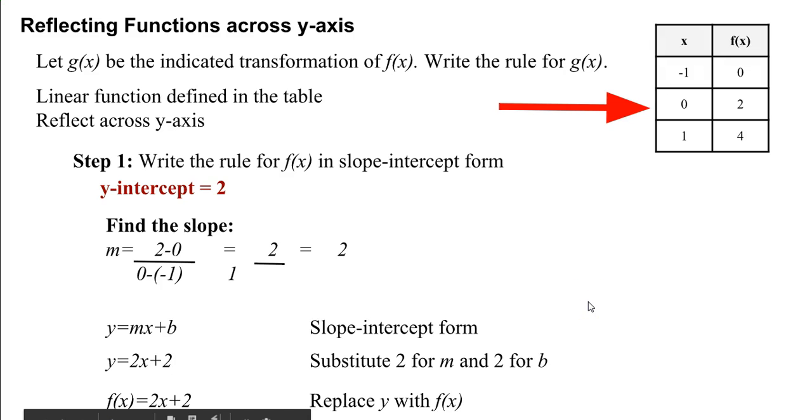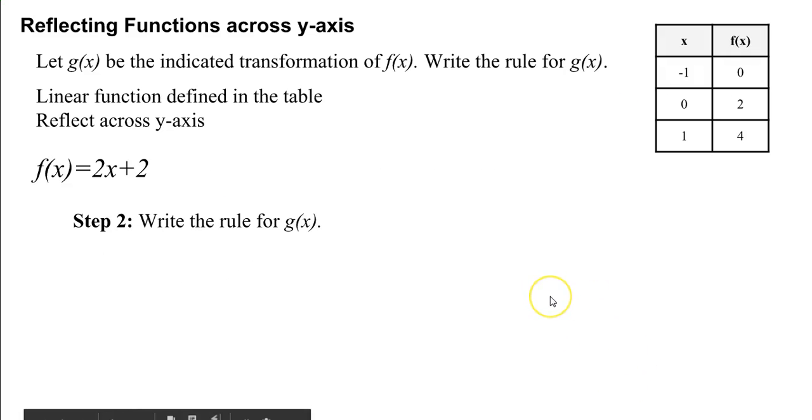So now we have our original function, f of x. And this is where we started from with all the other problems we've had to do so far. So you guys know the rest of the steps from here. It's just like every other problem. We're going to write the new rule for g of x. And since it's a reflection across the y-axis, which means just our x-coordinate is changing, we are going to write g of x as f of negative x.